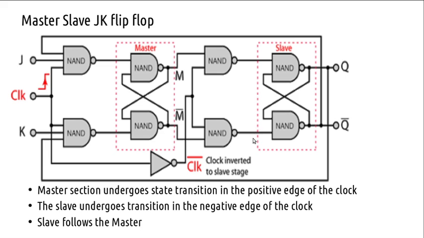So you have the clock pulse, the rising edge, the master circuit undergoes transition to whatever is there on the inputs, and at the trailing edge the slave circuit undergoes transition. So it is a situation like the master is being followed by the slave, or the slave follows the master. That's why I call it a master slave JK flip flop circuit.